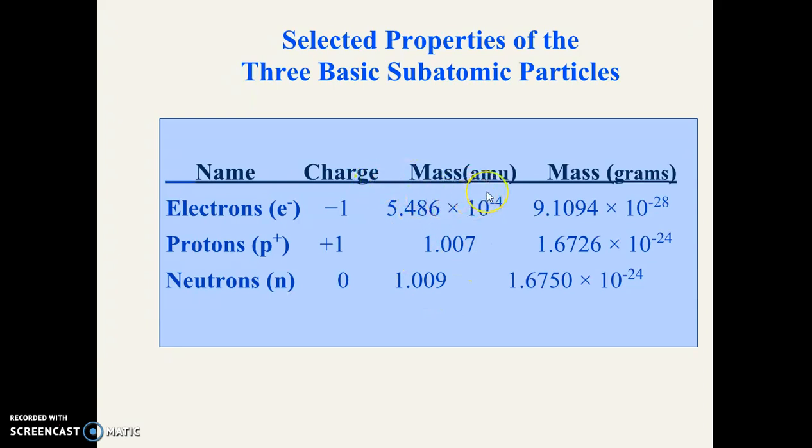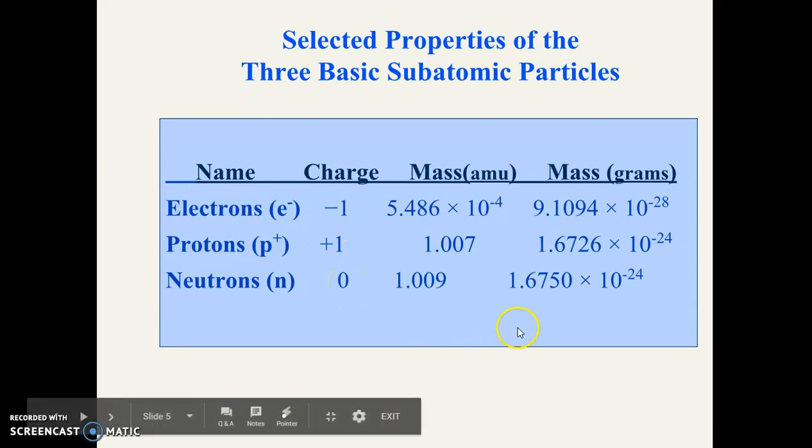But we do count electrons as having a 0 mass. So when you look at the mass of an atom, which is protons plus neutrons, you don't even take electrons into account. Electrons do play into charge. So electrons are all given a -1 charge. Each electron counts as a 1-, each proton counts as a 1+ charge, and neutrons have no charge. That's why they're called that, for neutral.